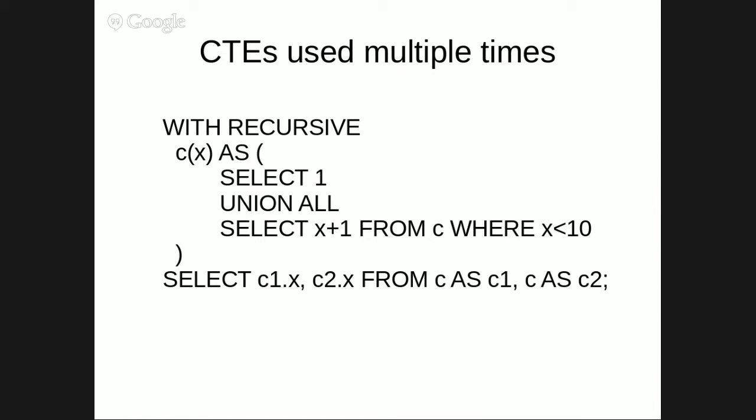We could do that this way, where the recursive common table expression is loaded up with all values between 1 and 10. But down here, I'm using it twice in the from clause. I'm using C twice. So it effectively builds a little temporary table that has values between 1 and 10, and then does a join on them to give me a kind of a matrix of all possible combinations there. Very useful property.